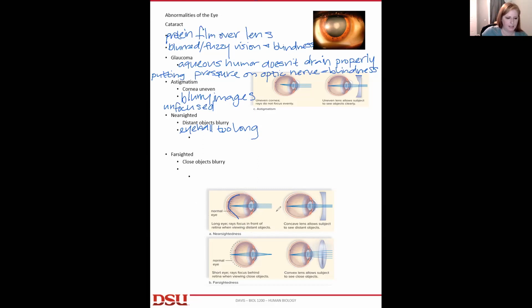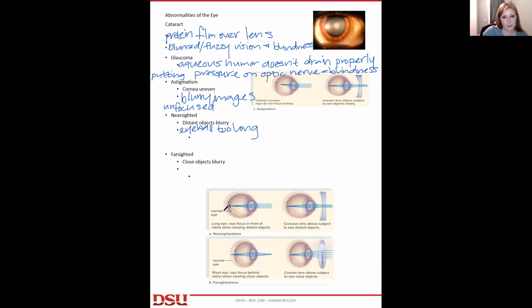And what happens is, in nearsightedness, it keeps the light rays from focusing on the part of the retina where they're supposed to. And so they focus early, okay? Let me undo this so you can see it, okay? So this is where it's supposed to focus, about where you'd expect a normal eye to be.